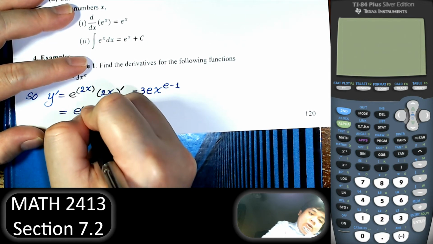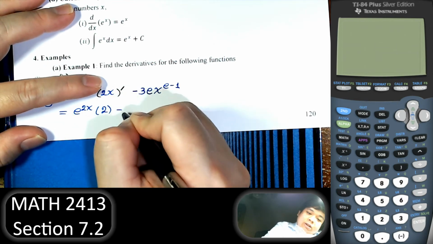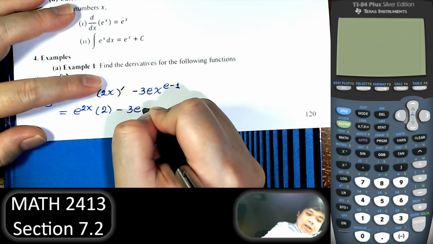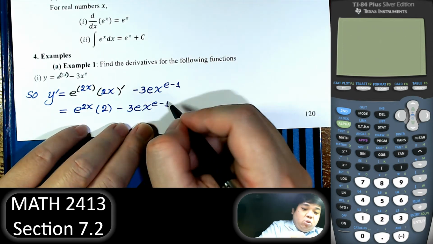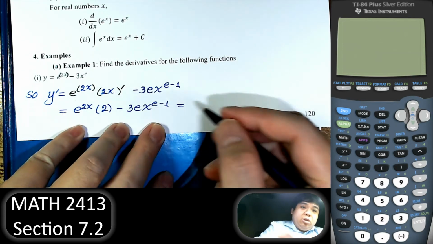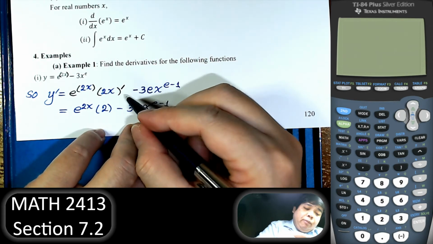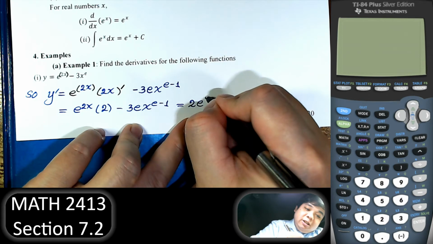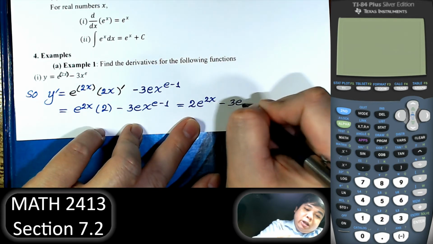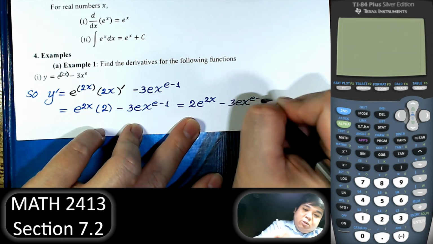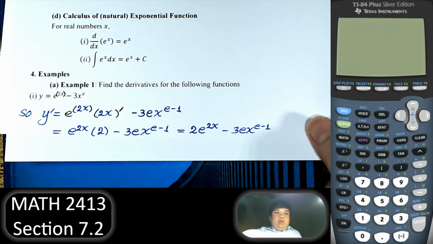So e to the 2x, derivative of 2x is 2, minus 3e x to the e minus 1. The 2 we just bring in front so we don't need the parentheses here. Minus 3e x to the e minus 1. So that's what we have.